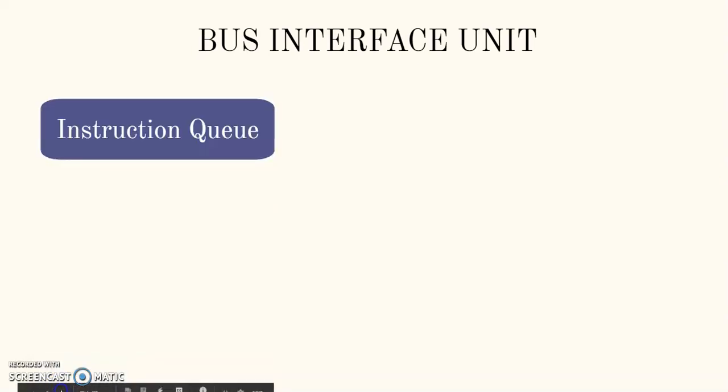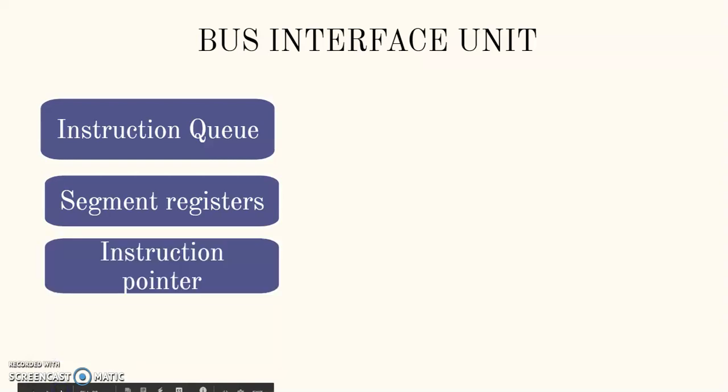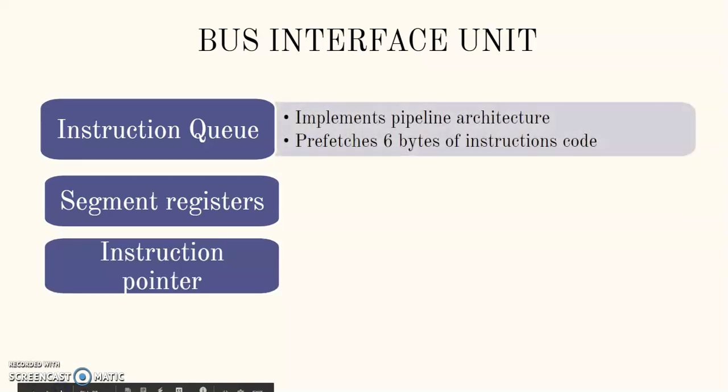It has an instruction queue, segment registers, and instruction pointer. Now what is the instruction queue? It helps in prefetching 6 instruction bytes while the current instruction is being executed. Because of this prefetching, time is saved, and that is the main aim of the instruction queue.